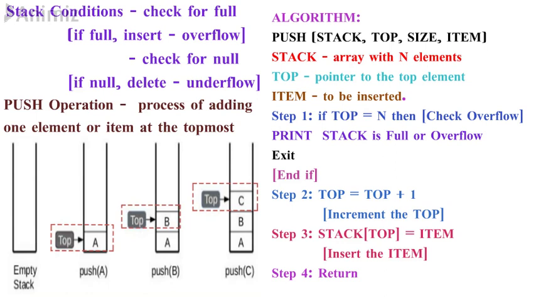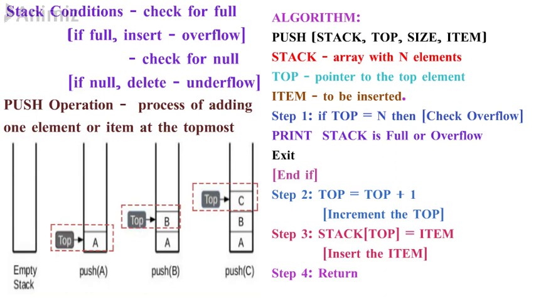Now we are going for the algorithm. Step 1. If your top is equal to number of elements in the particular stack, then your stack is full. Otherwise, step 2. Top is equal to top plus 1. You are incrementing your top to the next position.